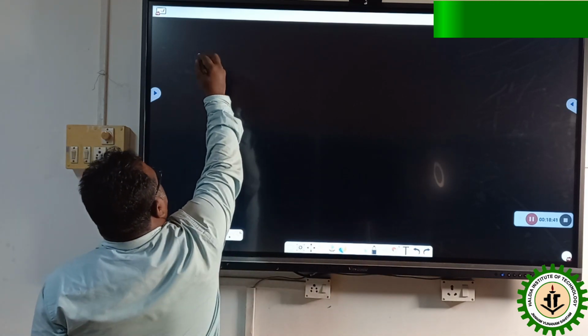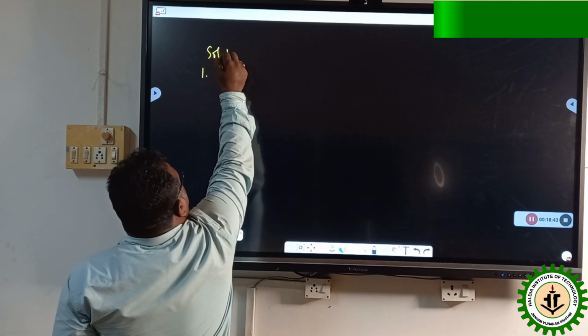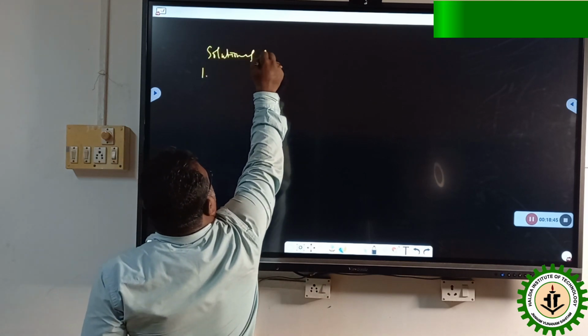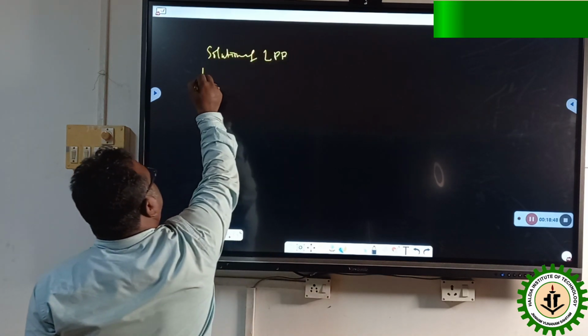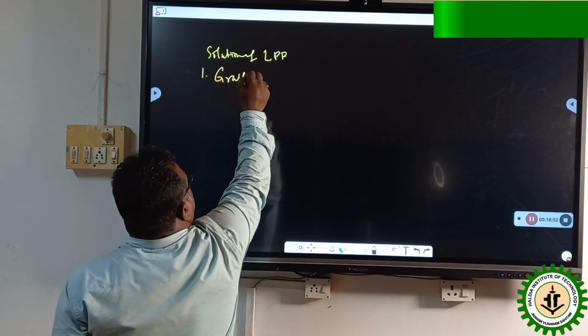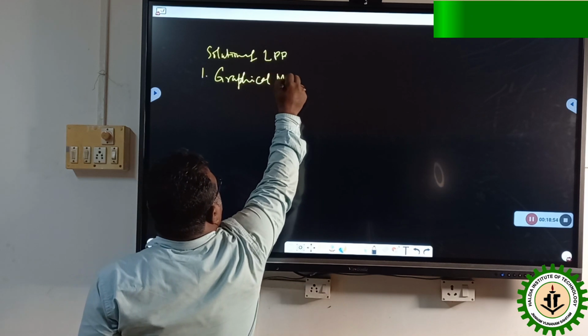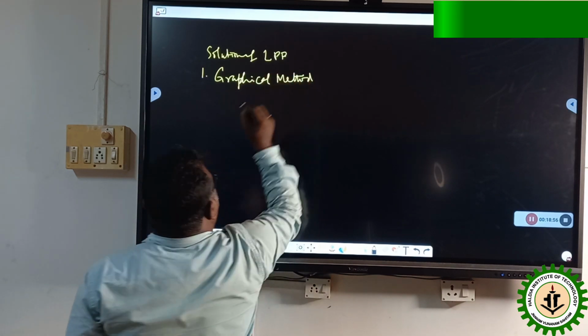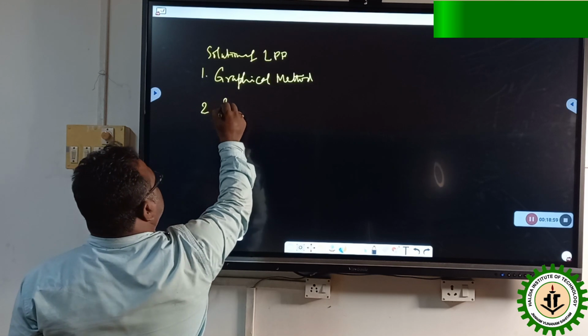Basically, the solution of an LPP can be found by two techniques. Number one is the graphical method, and the second one is the simplex method.